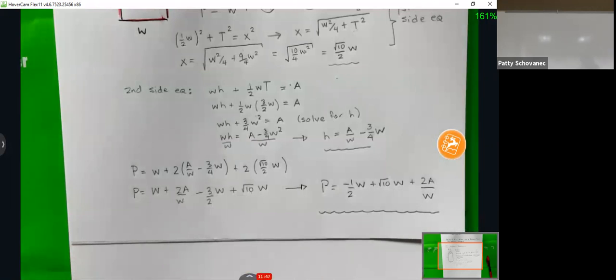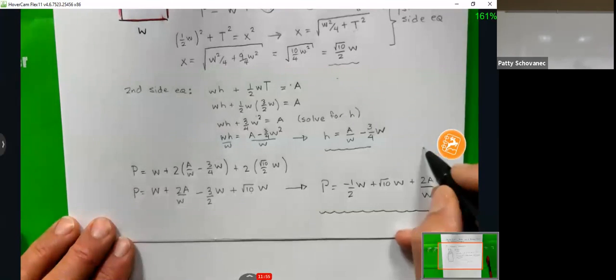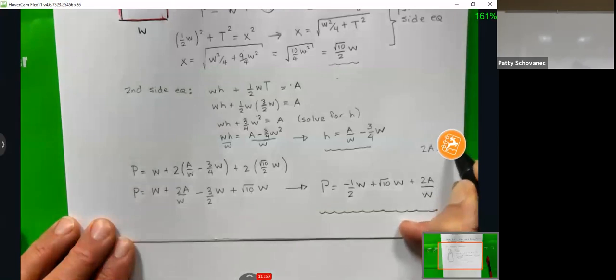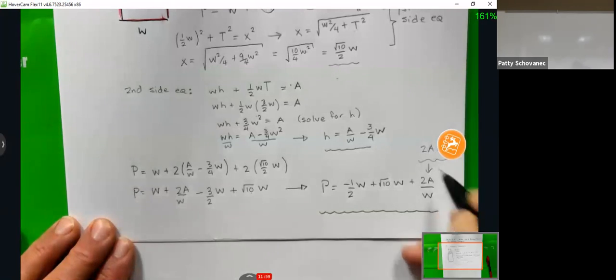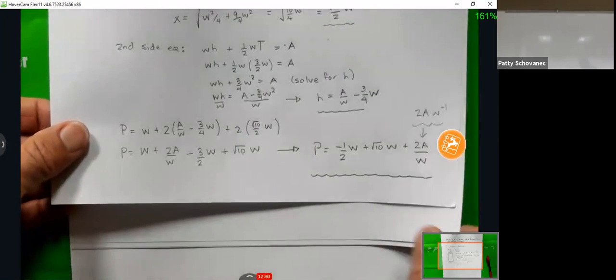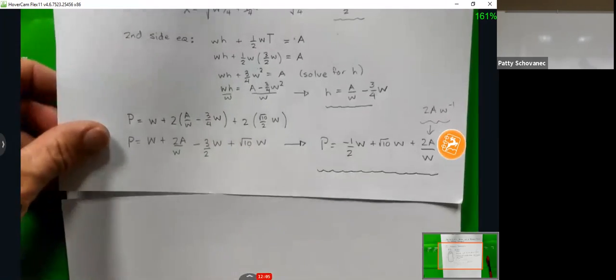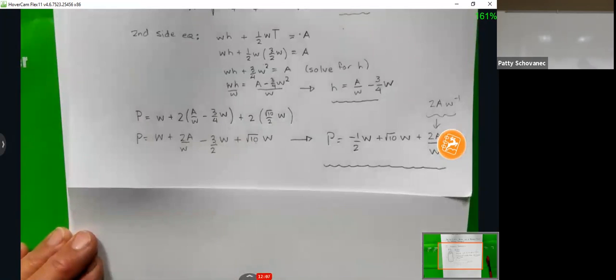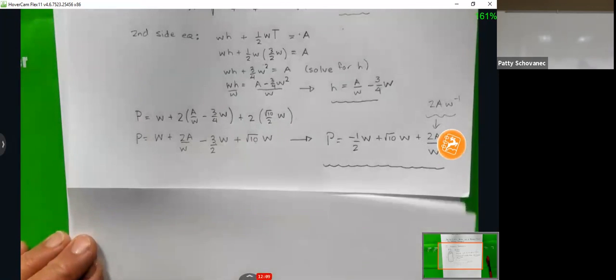We're looking for where that is a minimum. So we're looking for a critical number. Let's go ahead and take a derivative. Treat A as a constant and treat this 2A over W as 2A W to the negative 1 power. Here comes the derivative for you.